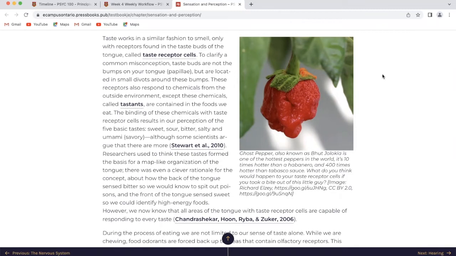These receptors also respond to chemicals from the outside environment, except these chemicals, called tastants, are contained in the food we eat. The binding of these chemicals with taste receptor cells results in our perception of the 5 basic tastes: sweet, sour, bitter, salty, and savory. Although some scientists argue that there are more.